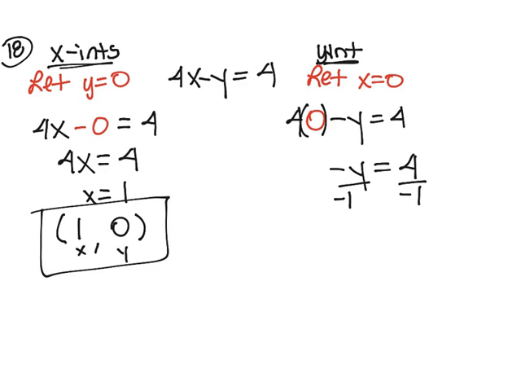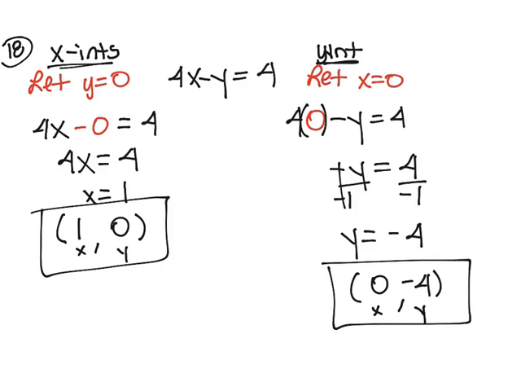We divide by negative 1, and y equals a what? Negative 4. So how do we put that one in an ordered pair? 0 and then negative 4. Very good. Does everyone see that? When you're looking for intercepts, you always let the other one be 0. Question on 18.